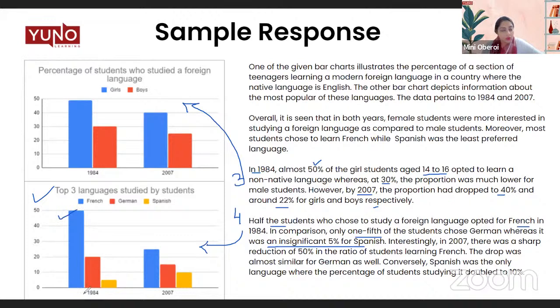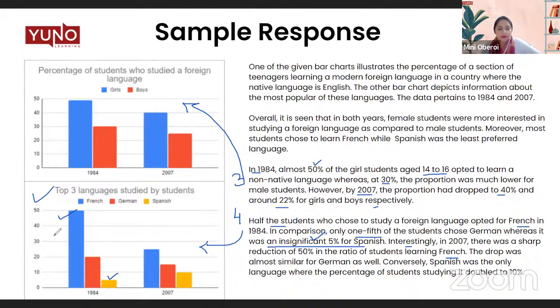See, domination of students, or let's say the interest or inclination of students towards French. Then if we look at Spanish, it is approximately at 5%, isn't it? Insignificant 5% for Spanish.